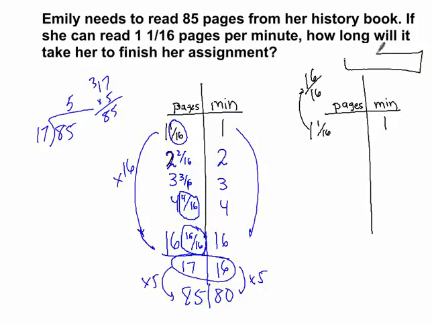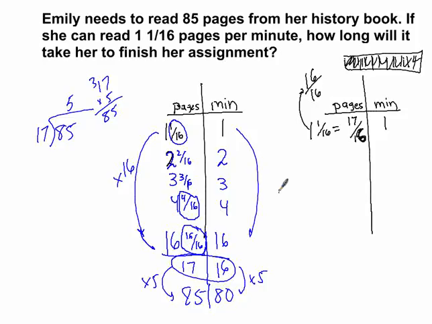If I made a bar and divided it into 16 parts, the whole thing would be considered 16/16. So knowing that a whole is 16/16, 1 whole would really be 17/16. So what we're saying is, in 1 minute, she reads 17/16 pages.